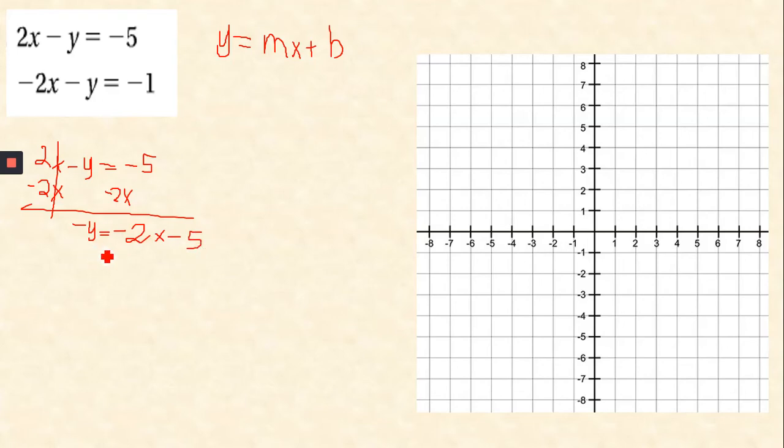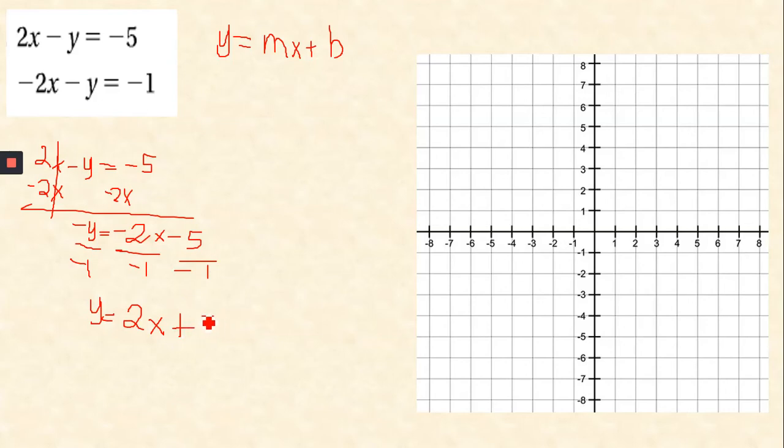Your y is negative, so we need to divide each term by negative 1, making it positive. Negative 1 divided by negative 1, that is positive 1. So you now have y. Negative divided by negative, that will be positive. So you have 2x. Negative divided by negative, that will be positive.